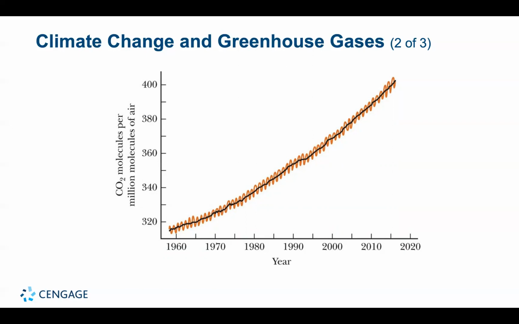The yearly variations, which is the rust-colored curve, coincide with growing seasons because vegetation absorbs carbon dioxide from the air. The steady increase, which is the black curve, is of concern to scientists. As fossil fuels such as coal, oil, and natural gas are burned, large amounts of carbon dioxide are released into the atmosphere, causing it to retain more energy. These emissions are of concern to some scientists and governments throughout the world.